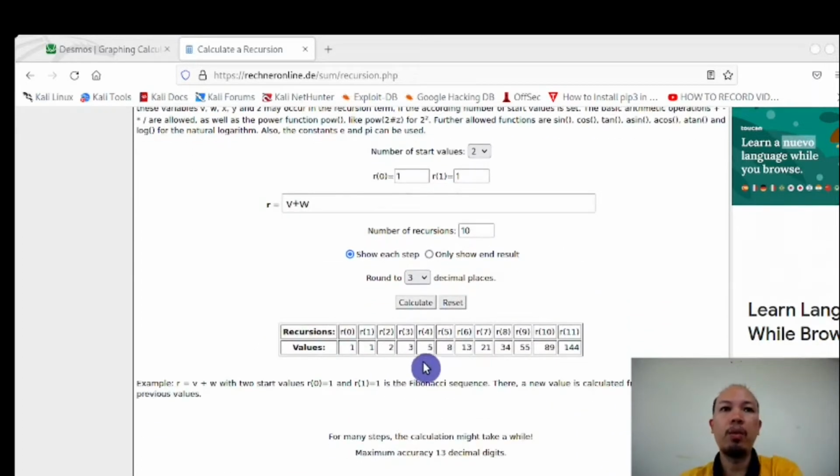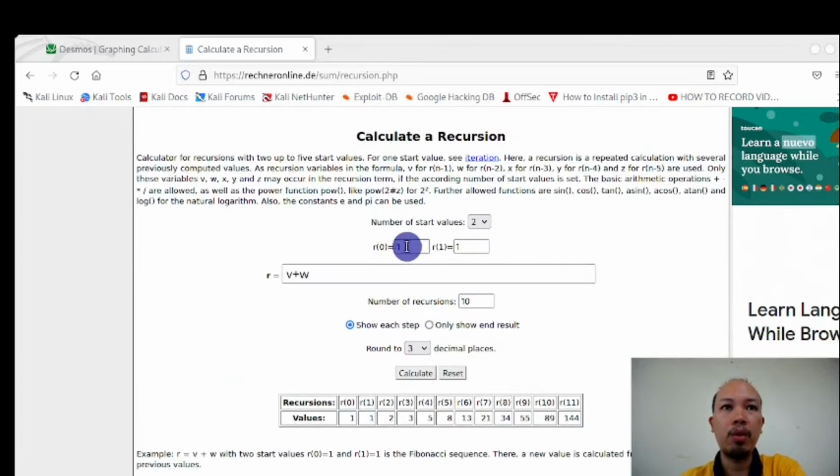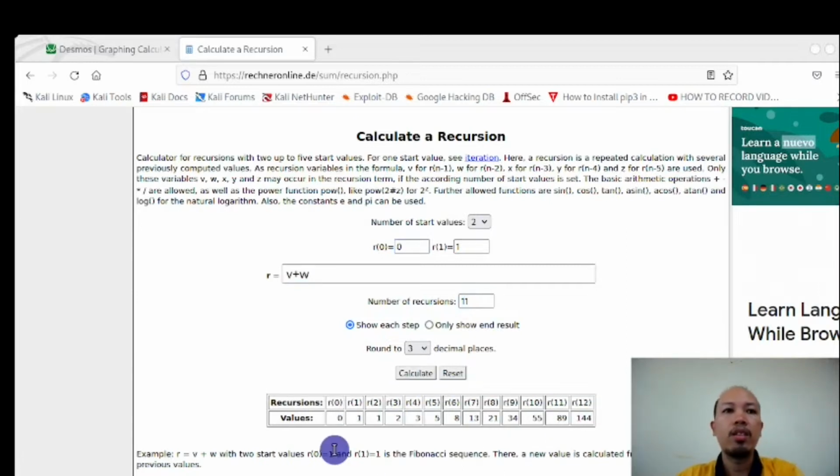But if we start at 0, the number of start values is 0, and the number of recursions, let's say 11, and let's calculate. So start at this one, 0 1.